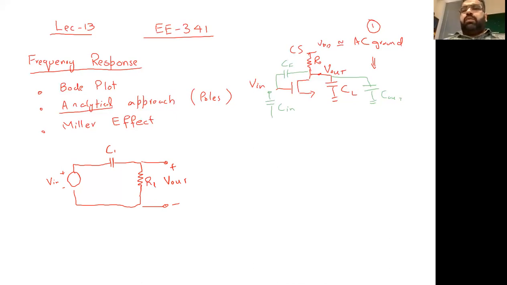Just one minute, even if you want to think, pause the video and think what this circuit is, and what V out over V in will be. If I talk about this characteristic, which you have seen before, that was coming as a low pass configuration. Why? We have something like this: roll off was coming here, we say cutoff frequency here, it's passing everything, and here it is stopping.